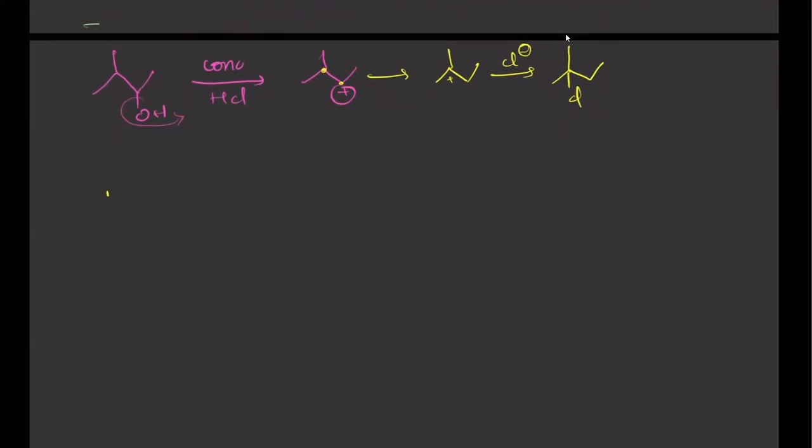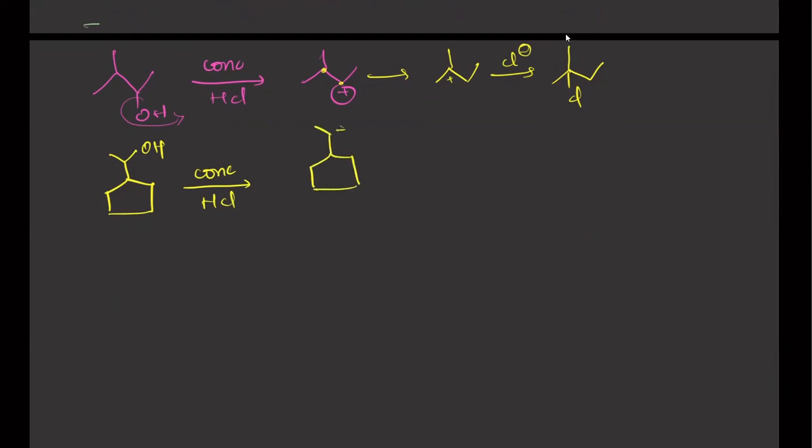And the next one is again a ring rearrangement, but a bit more confusing than the previous. We have an OH attached here, but in the previous case we don't have this attachment. In this case, we have this attachment, in the presence of again concentrated HCl. Let's check out. First of all, we are going to form a carbocation.